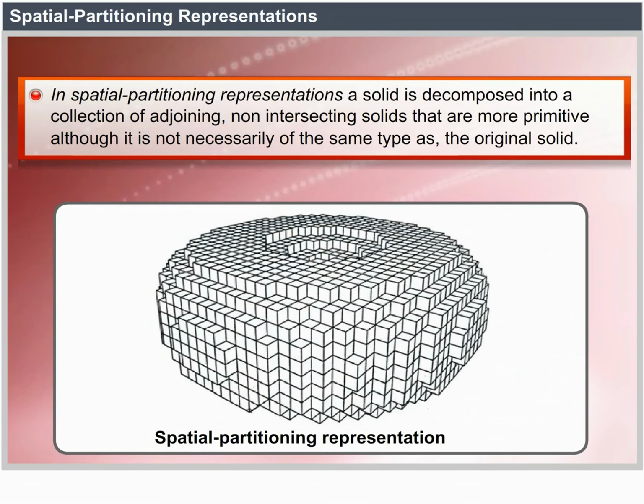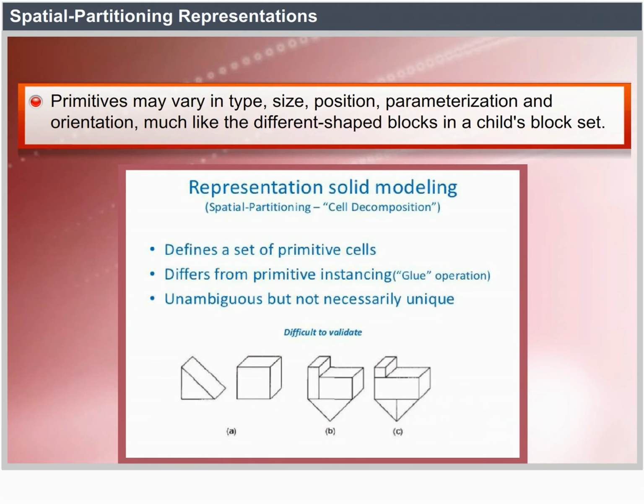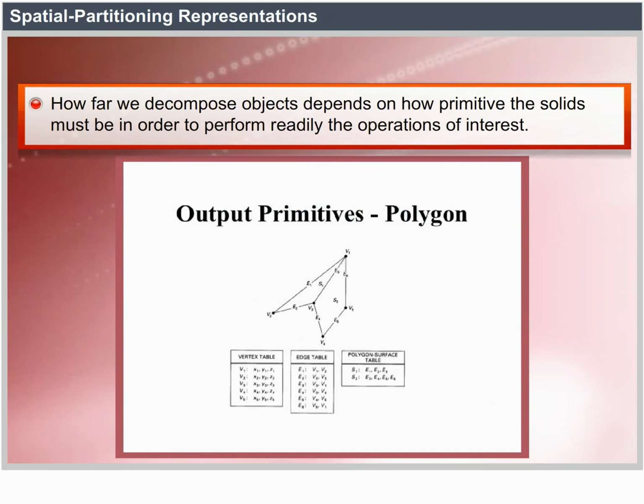In spatial-partitioning representations, a solid is decomposed into a collection of adjoining, non-intersecting solids that are more primitive than, although not necessarily of the same type as, the original solid. Primitives may vary in type, size, position, parameterization, and orientation, much like the different shaped blocks in a child's block set. How far we decompose objects depends on how primitive the solids must be in order to perform readily the operations of interest.